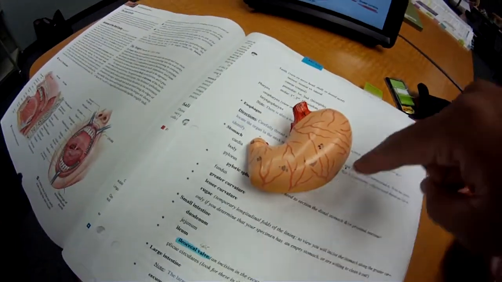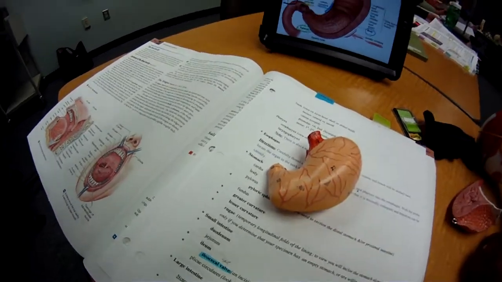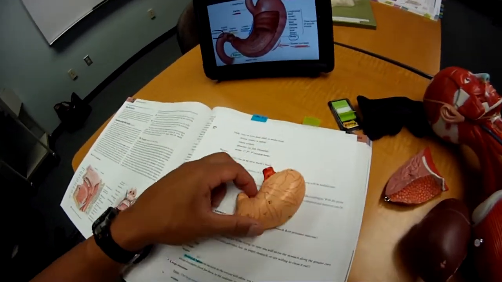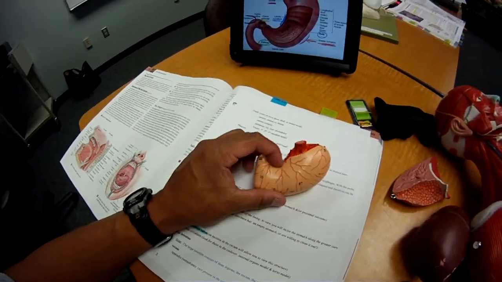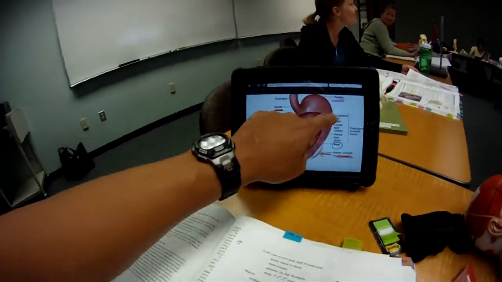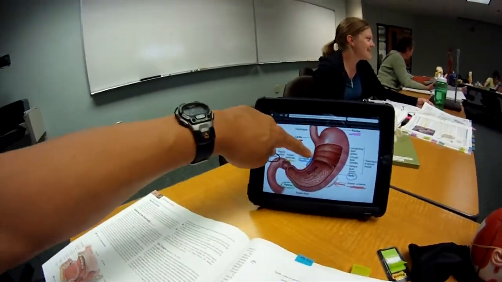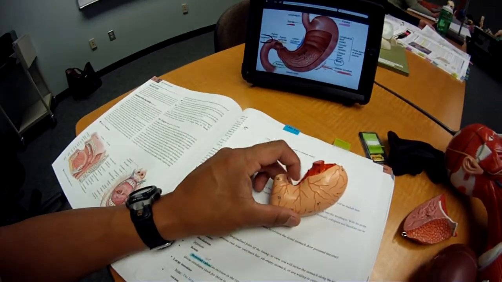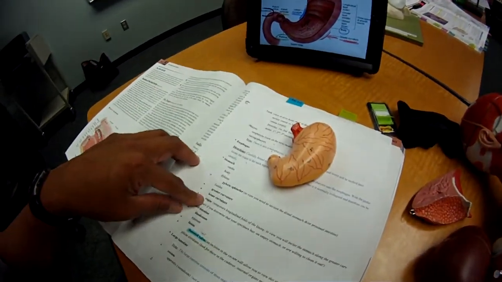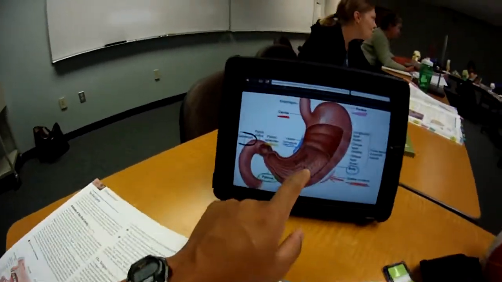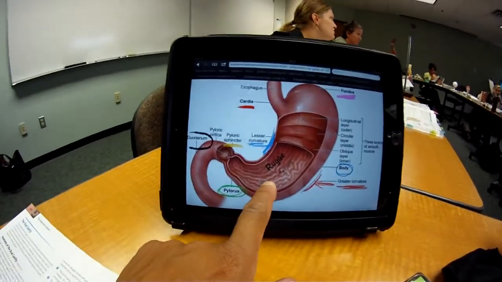And lesser curvature is right here. So greater curvature, lesser curvature. The rugae is inside the stomach. It's the fold. So this is the rugae.